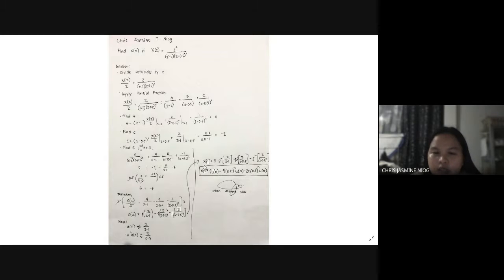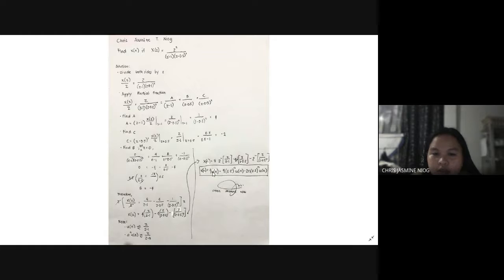So x of n is equal to 4 times the inverse z transform of z over z minus 1, which is u of n.